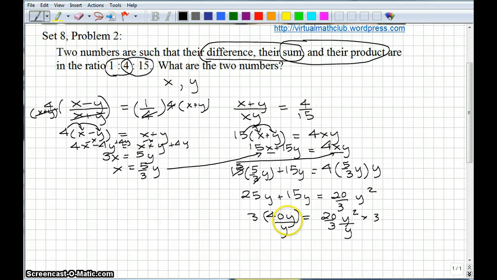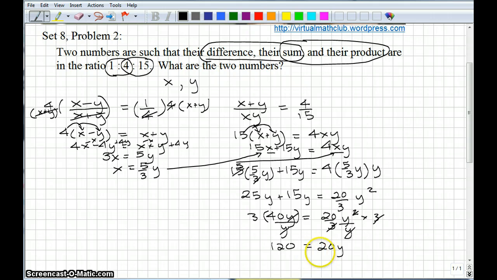The y over y just becomes 1, and when I divide y squared by y, I just get y. So let's see, what have we got? We've got 120 is equal to, we got rid of this 3 because we multiplied both sides by 3, and that is equal to 20y.